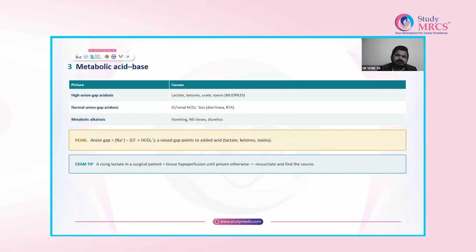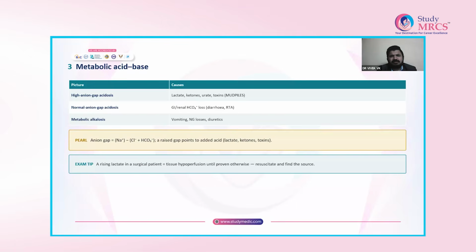Then the urea and also the toxins. So what about normal anion gap acidosis? Normal anion gap acidosis is seen in case of bicarbonate loss, either through the gastrointestinal route or through the kidneys, and includes renal tubular acidosis and diarrhea.